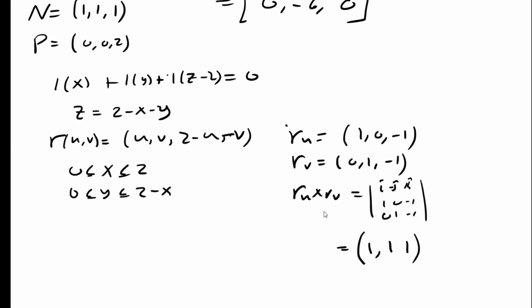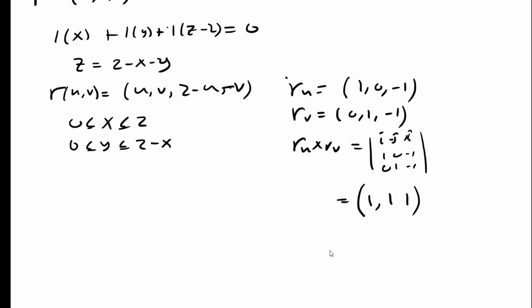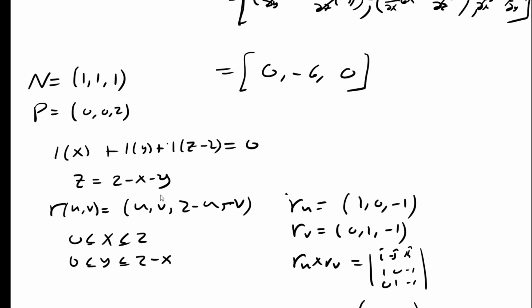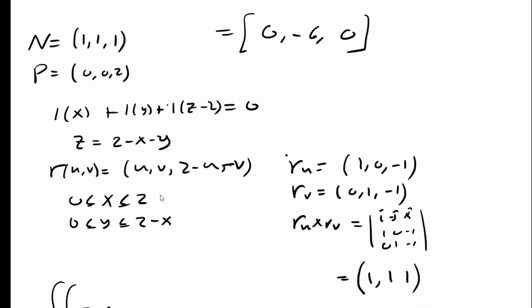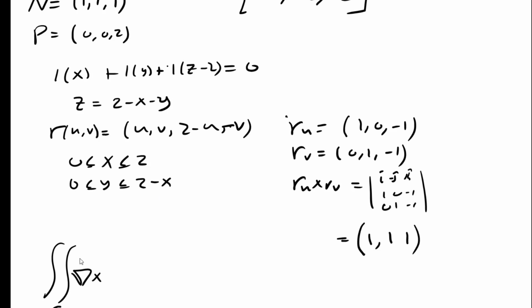Like I said, we know that this is the normal. No, we're good. Okay, so then to integrate over the surface, this function, was it F or V, whatever, it's curl of V dot dS.